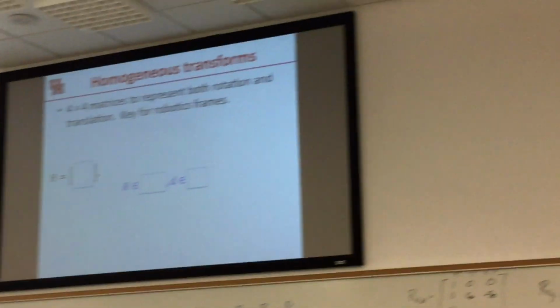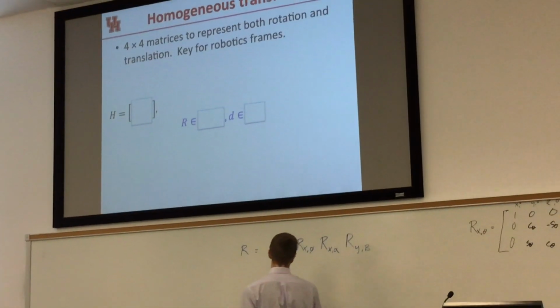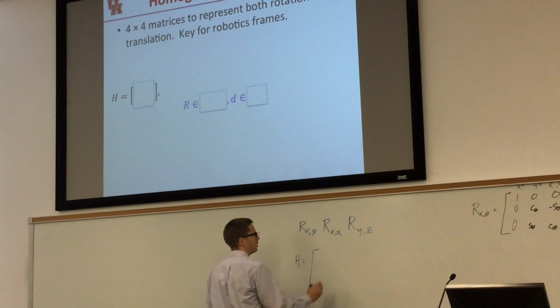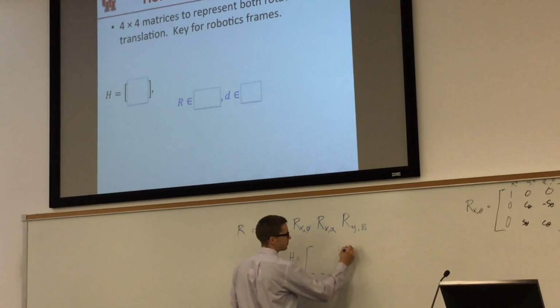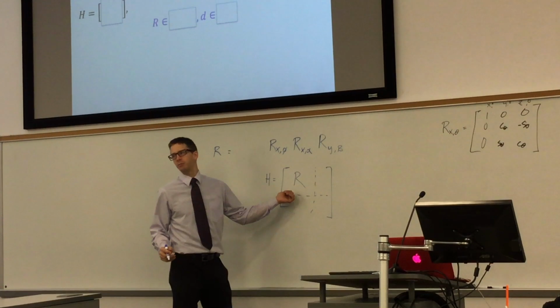All right. And so this homogeneous matrix that we have is going to be composed of two things. H is equal to, we can divide this thing into 4 quadrants. The first one is going to be a 3x3 rotation matrix.